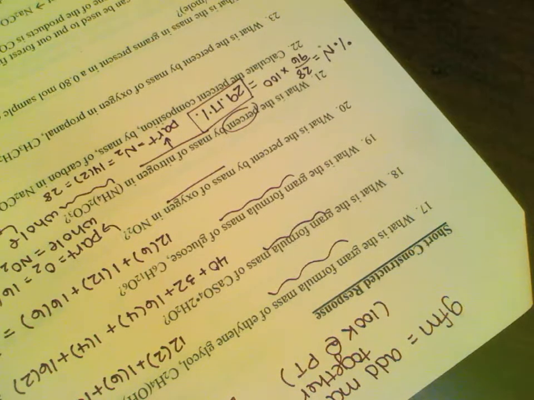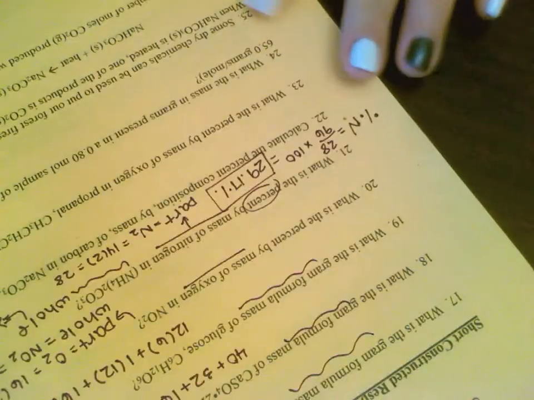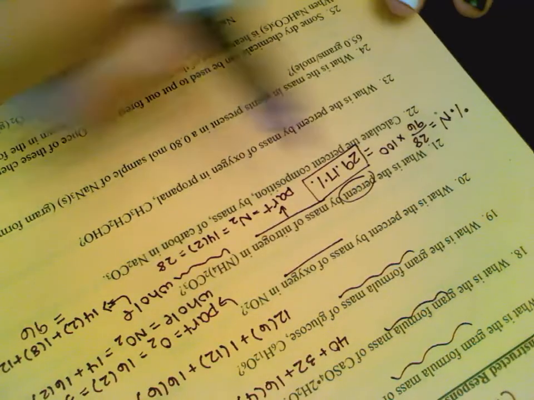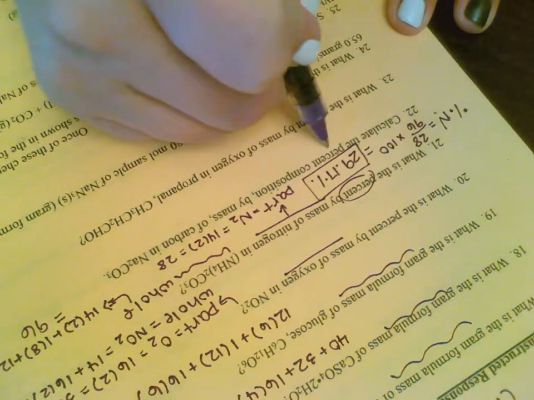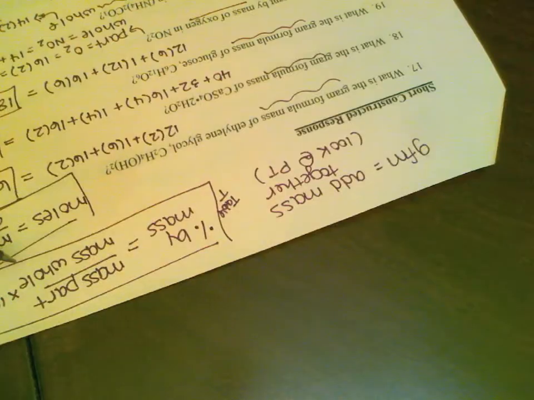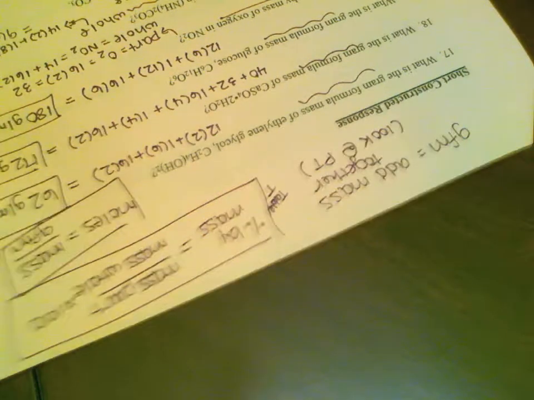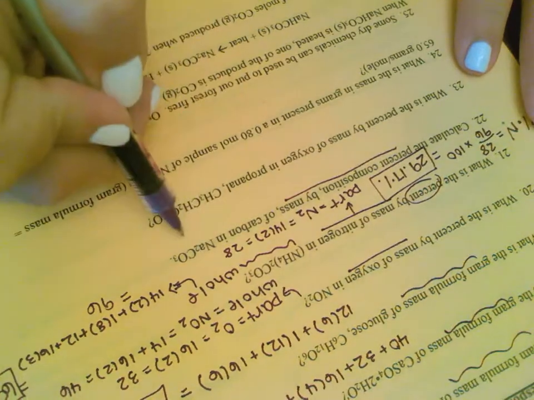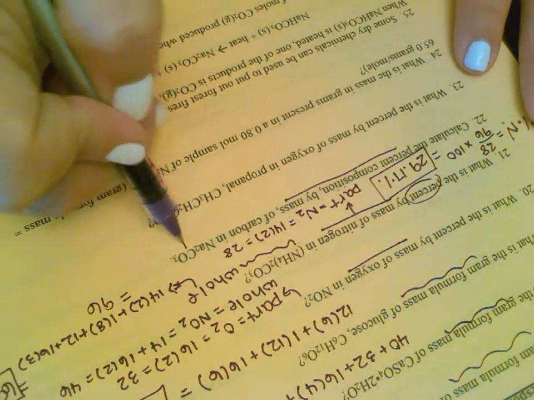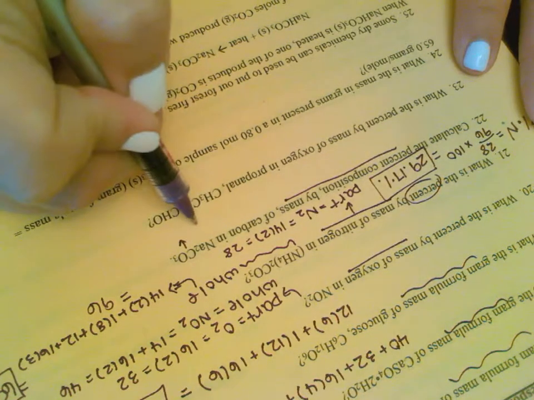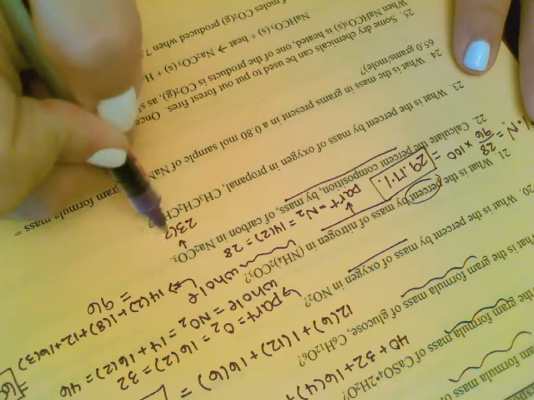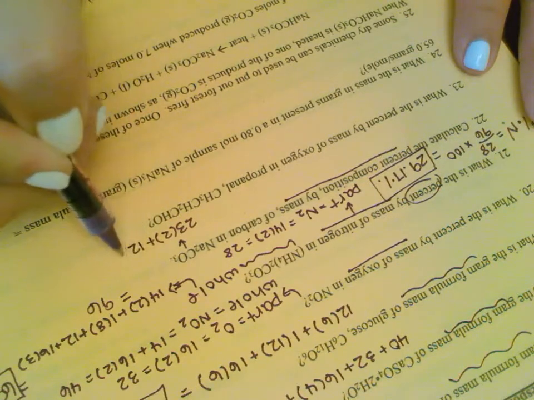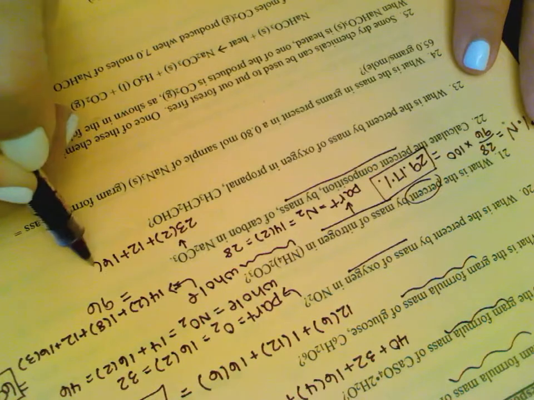Okay, number 22. Calculate the percent composition by mass of carbon. So again, percent composition by mass. I'm going back up to this equation, which was on my Table T. Let's figure out my whole. Na has a mass of 23, but times 2, plus carbon is a mass of 12, plus oxygen is 16 times 3.